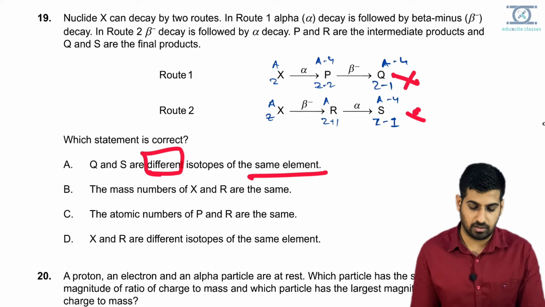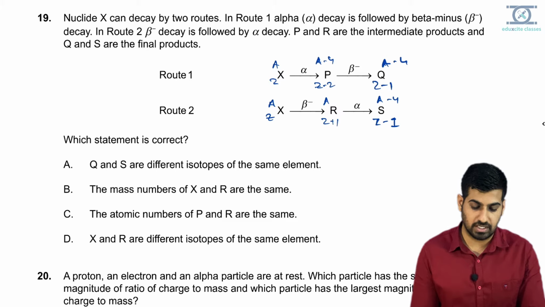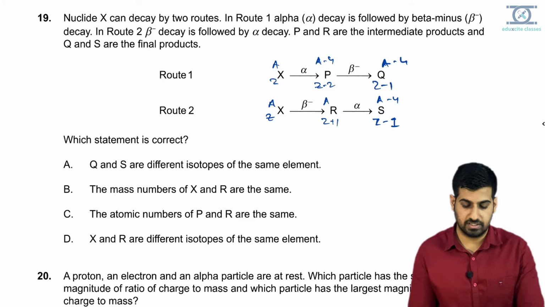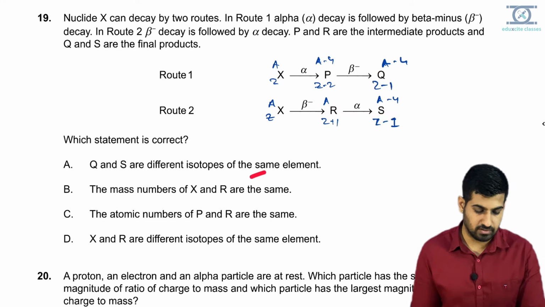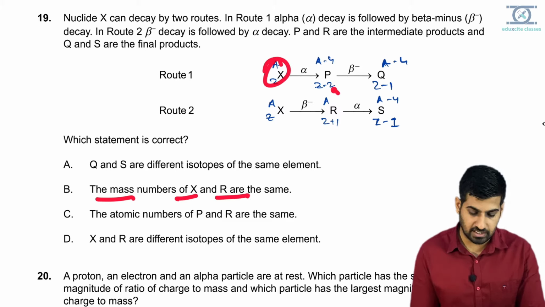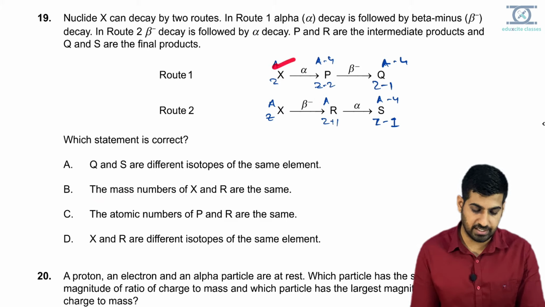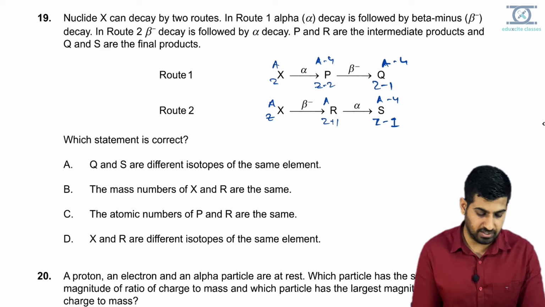No, they are not different isotopes, they are the same isotopes, because the mass number should be different, but here it is the same. Mass number of X and R are the same. X and R mass number, you can see A and A, yes, so option B is correct.